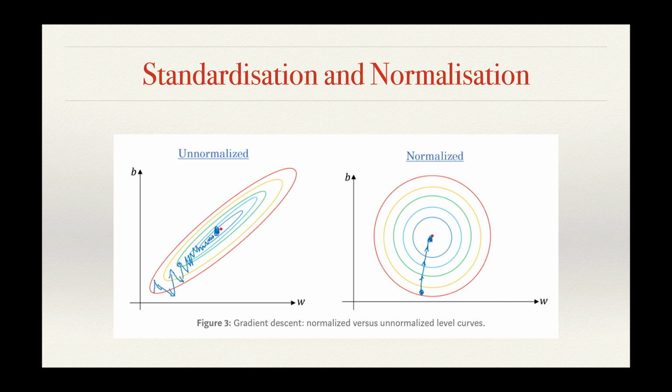Here we have a comparison between two datasets using two features, W and B. Here we have normalized and unnormalized, and here symmetric and asymmetric.